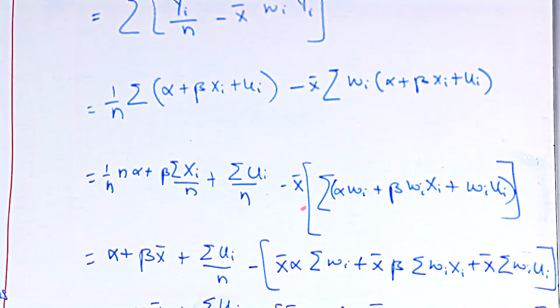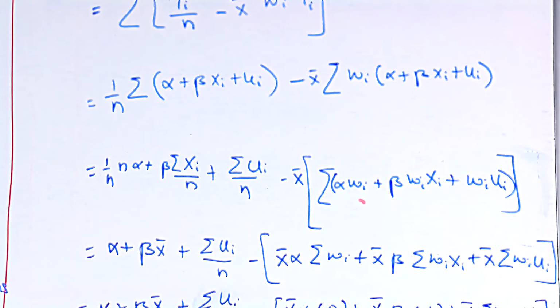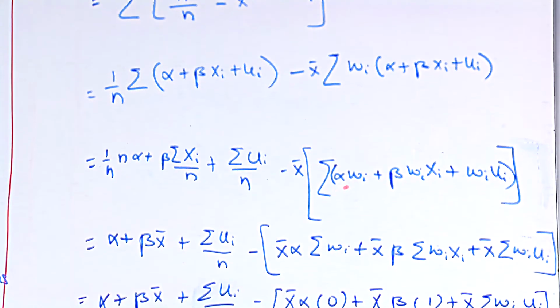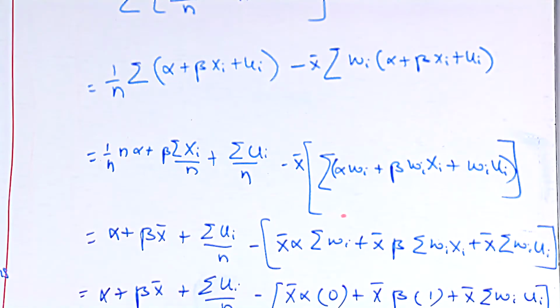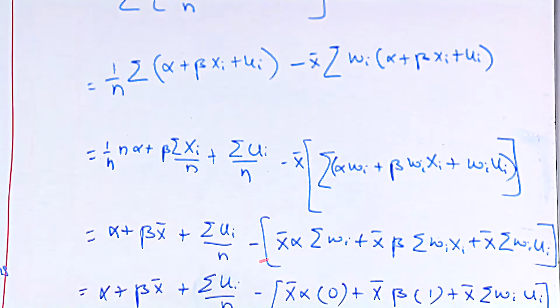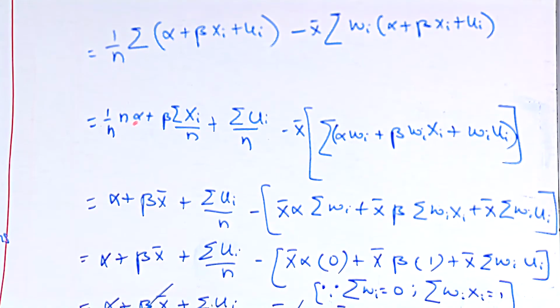So you get this one, minus, taking x bar outside, inside you are multiplying this Wi, we get sigma alpha Wi plus beta Wi xi plus Wi ui. Now we are again taking this sigma inside, multiplying this x bar into the expression. So this is reduced to this alpha, the 1 by n, n cancelled.